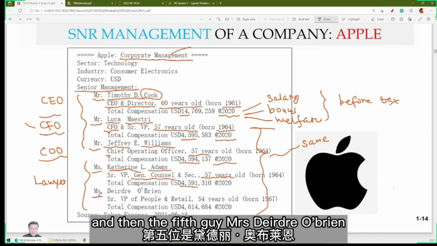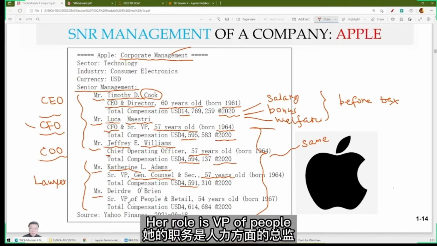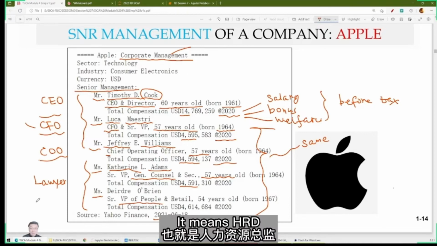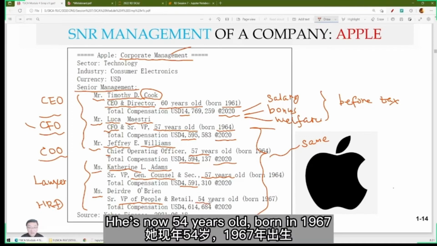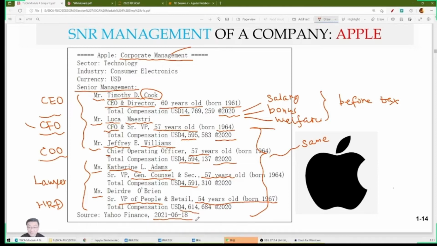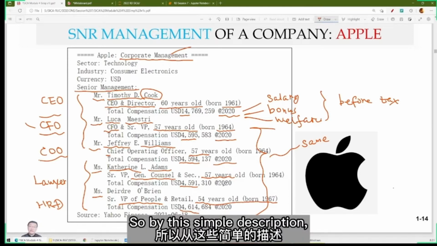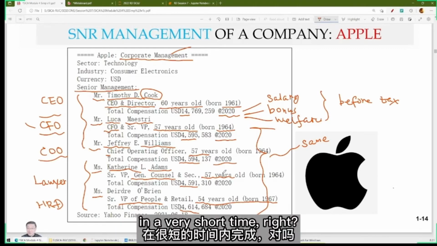And then the fifth guy, Mrs. Deidre O'Brien. Her role is VP of People. It means HRD. She's now 54 years old, born in 1967. The compensation is 4.6 million as well. So by this simple description, we can quickly know the senior management of Apple in a very short time, right?